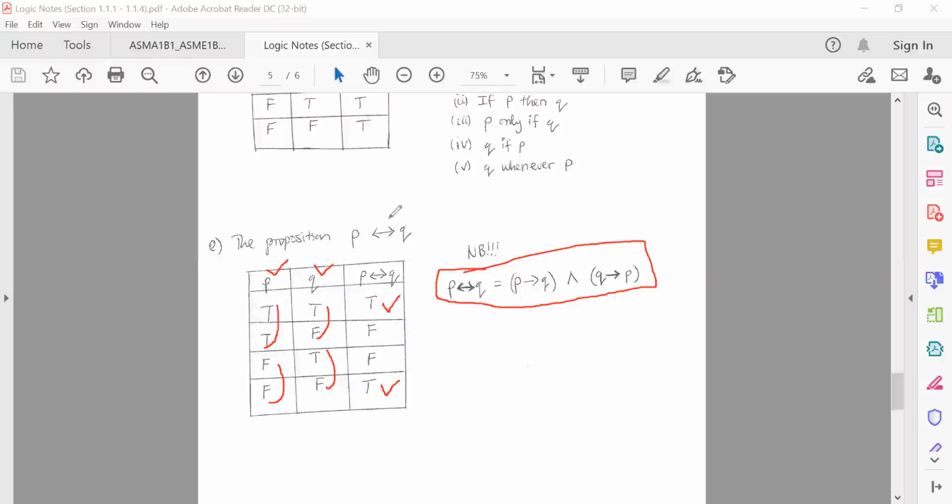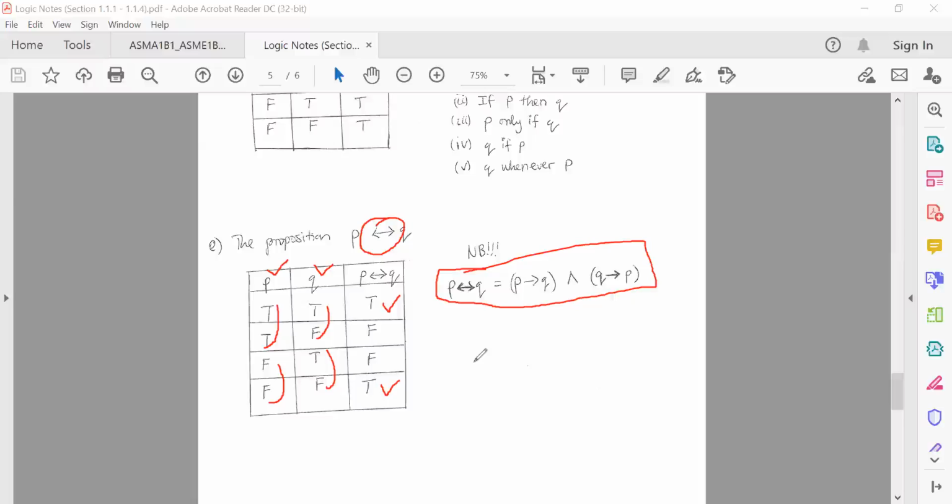So for a biconditional statement, you need to have the same truth values for both statements for you to have an outcome of true. All right. So know what the difference is with A, B, C, D, and E. Know when things are true and when things are false. We need both statements to have the same truth value.